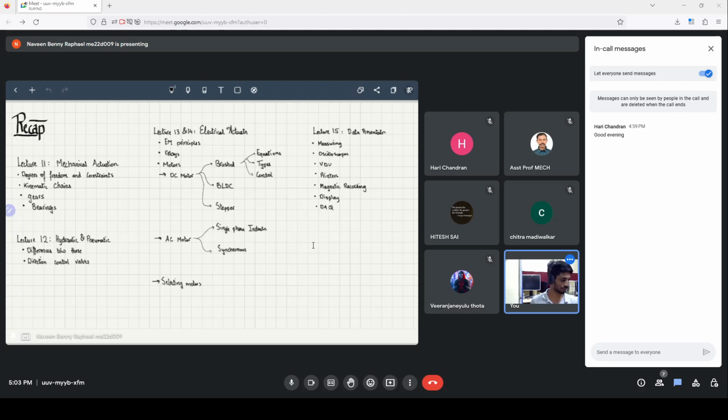Lecture 15, which is the most theoretical and least problem solving of the lectures, involved data presentation systems. We first talked about how measuring the data itself can cause a change in the value of the measurements. The best example is measuring the voltage in an electrical circuit.